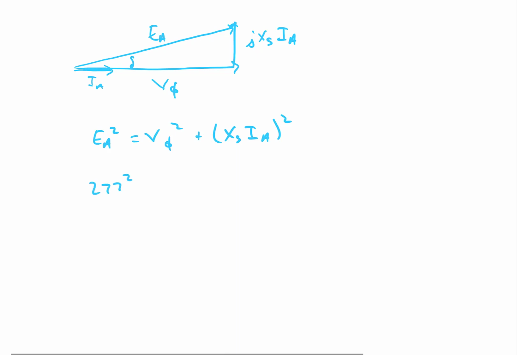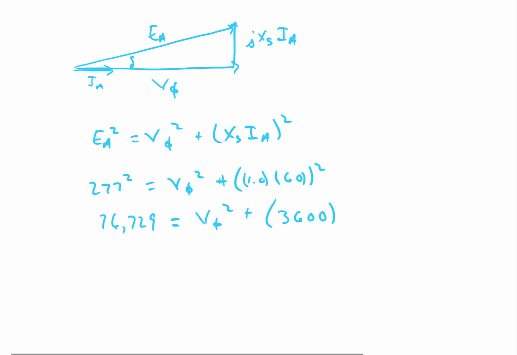So this is going to be 277 squared equals V phi squared plus (1 times 60) squared. We get again 76,729 is equal to V phi squared plus 60 squared, or 3,600. Let's just do 3,600.